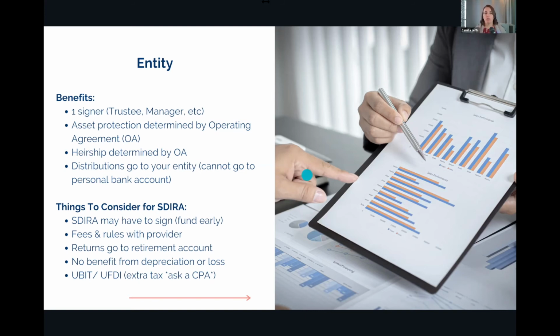Things to consider. If you are using a self-directed IRA, for example, which is a very, very powerful way to invest and to really increase the way that you do your investments, to really benefit you in the long run for your retirement, the company who holds the self-directed IRA almost always has to sign for you.